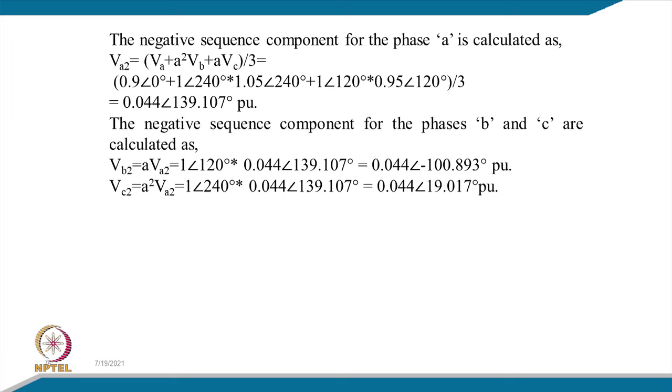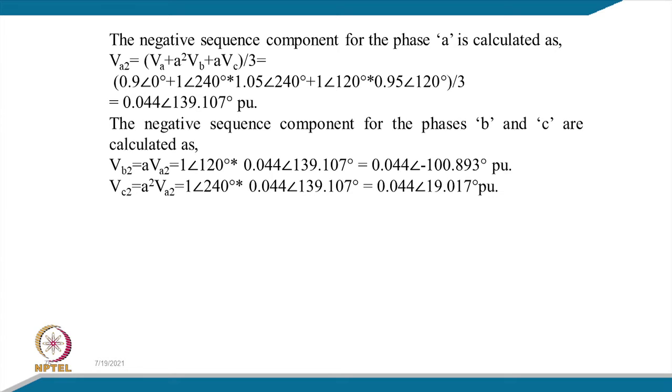So, VA2 will be equal to VA plus A square VB plus A VC divided by 3, and if you put in the values it comes to 0.044 at the angle 139.107 degree per unit.